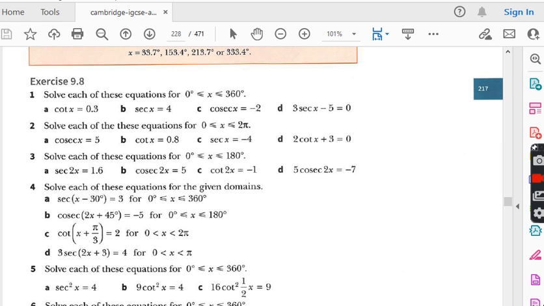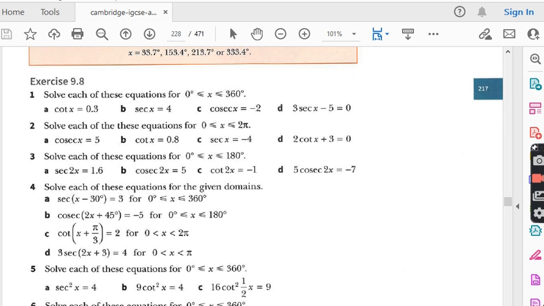Students, in the last lecture we did questions number 1, 2 and 3 from exercise 9.8, chapter 9, trigonometry. The topic of this exercise is solving trigonometric equations, further trigonometric functions.